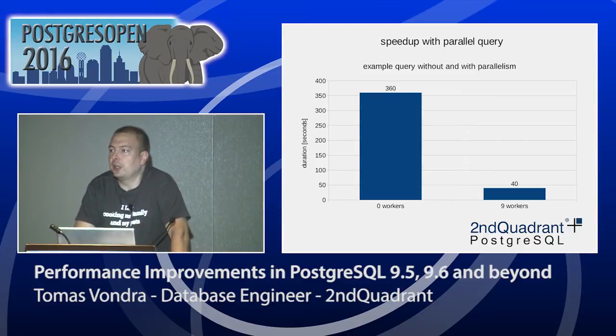And with the 9 workers, it was almost exactly 9 times faster, which is fairly nice. Of course, in real queries, there will be a slightly smaller improvement, depending on the amount of communication between the different processes.